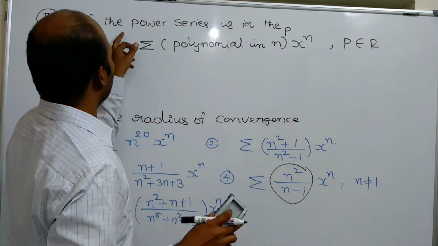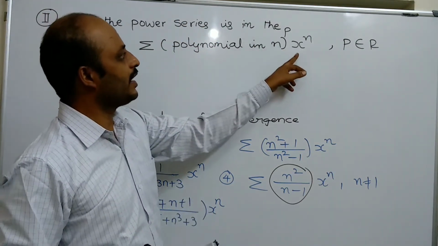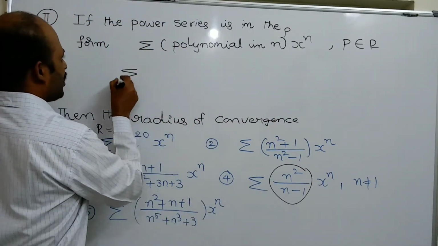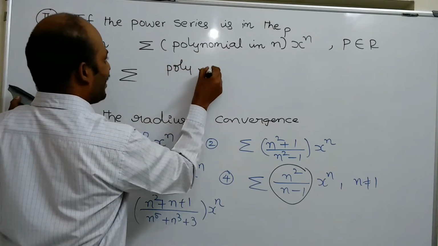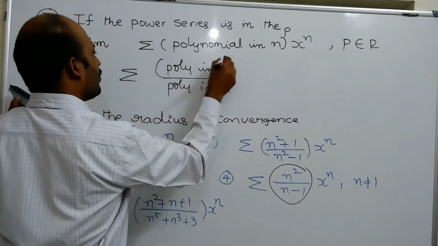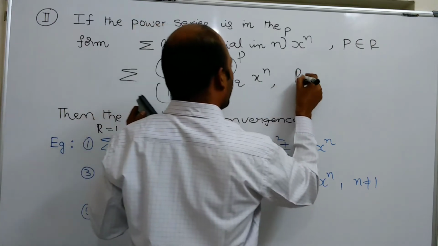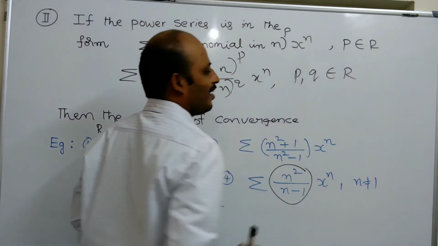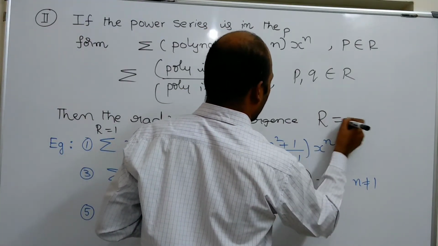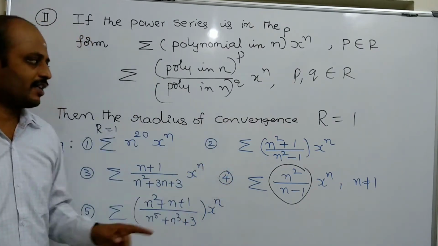You observe that the power series is in the form summation polynomial in n whole power p into x power n, where p belongs to capital R, or summation polynomial in n divided by polynomial in n whole power p whole power q x power n, where both p comma q belong to capital R. They are real numbers. Then the radius of convergence of the power series, capital R, is equal to 1.